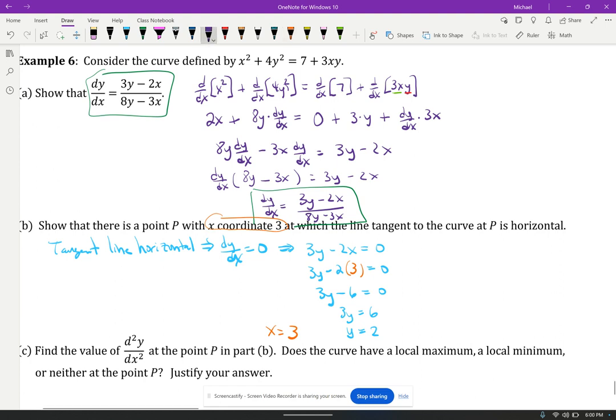And so we start by saying, okay, let's go back over here and start substituting values that we know or that we think we know. If x is 3, then 3 squared plus 4 times y, if y is 2, 2 squared. Does that equal, I'm going to put a question mark because I don't know if it equals, 7 plus 3 times 3 times 2.